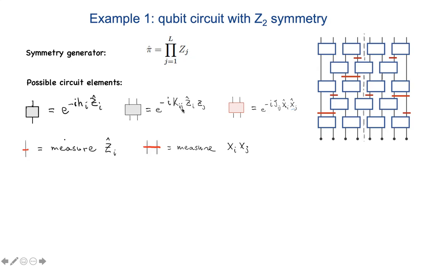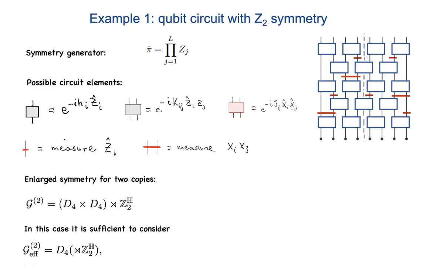So Zs are not restricted, since they commute with this generator. But I can only have an even number of Xs, so I can have XX terms in my unitary gates. Also in the measurements, I'm allowed to measure a single Z, but I'm only allowed to measure two Xs, XX, for example nearest neighbors. So this is an example of a circuit with Z2 symmetry.